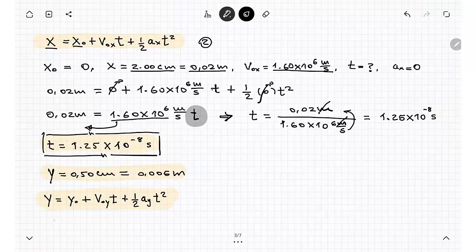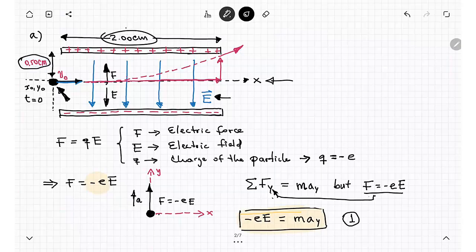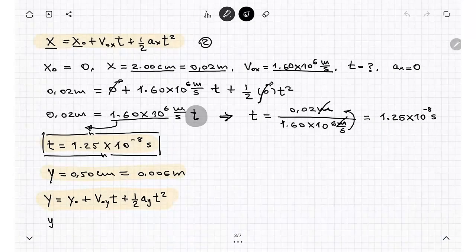According to the problem, the distance that the particle travels along the y-axis is 0.50 centimeters, which in meters is 0.005 meters. So the vertical displacement of the particle is 0.005 meters.